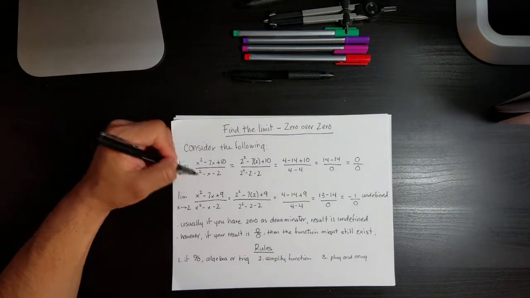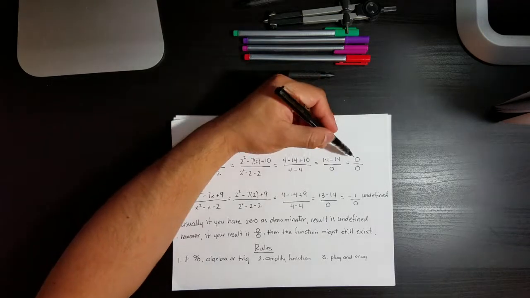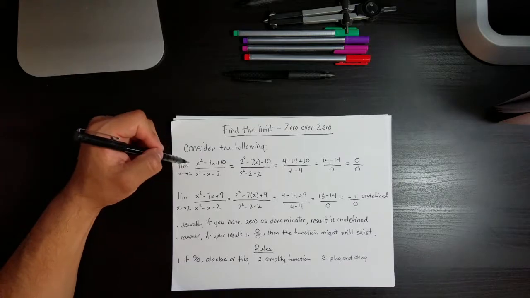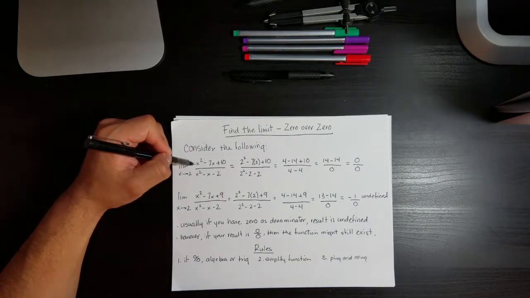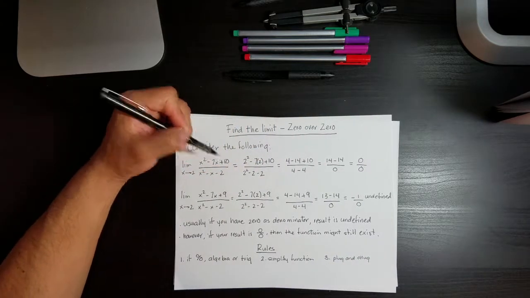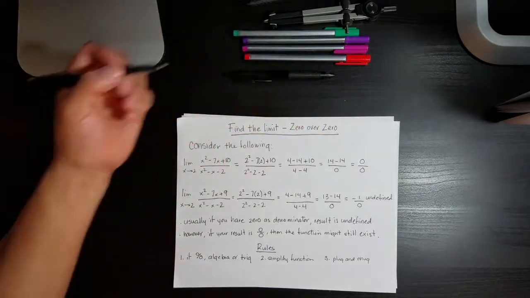When you're looking for a limit, sometimes you will get a 0 over 0. So consider this: after you do your regular plug and chug, your end result is 0 over 0.